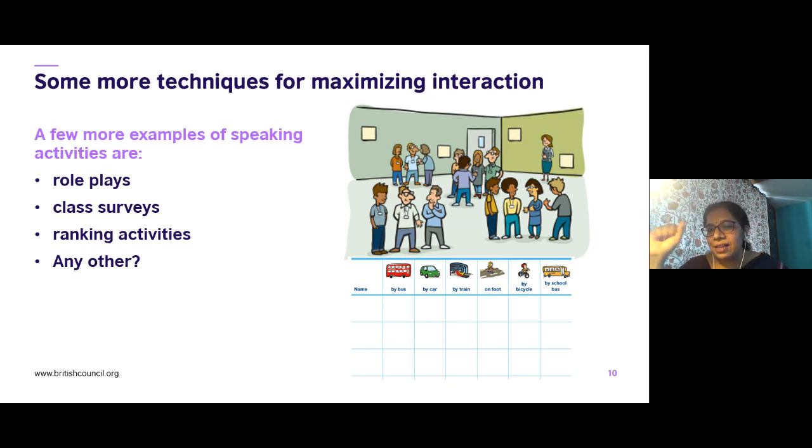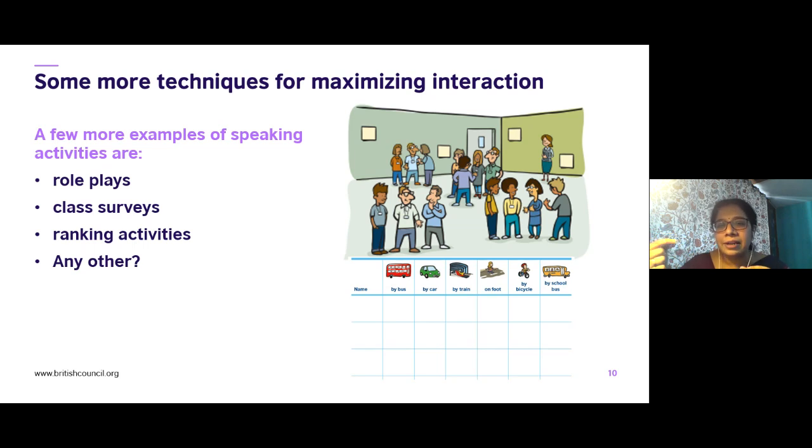And note in a table like this the name and the mode of transport that the friend uses. So in this way, you can maximize some speaking in the classroom and perhaps support these students by giving them some of this language in advance.